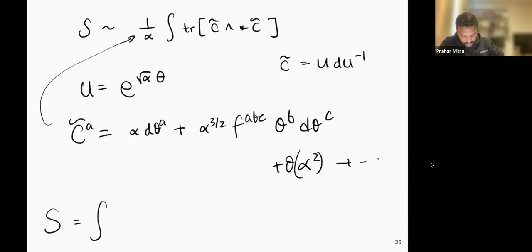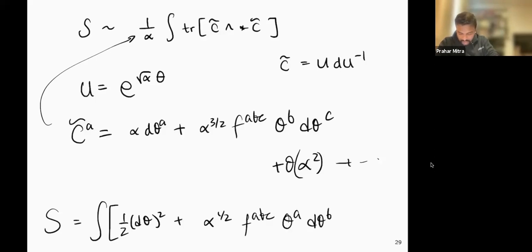The leading order term will of course just be the propagator, so it'll just be 1/2 d theta squared, but then there'll be a term which is order alpha to the 1/2, with the f^{ABC} theta^A d theta^B d theta^C, and so on and so forth. So it's just a nonlinear sigma model with a non-abelian target space, and you have this whole expansion in alpha. So it's now no longer going to be just a trivial thing. You'll get a very complicated alpha dependence.